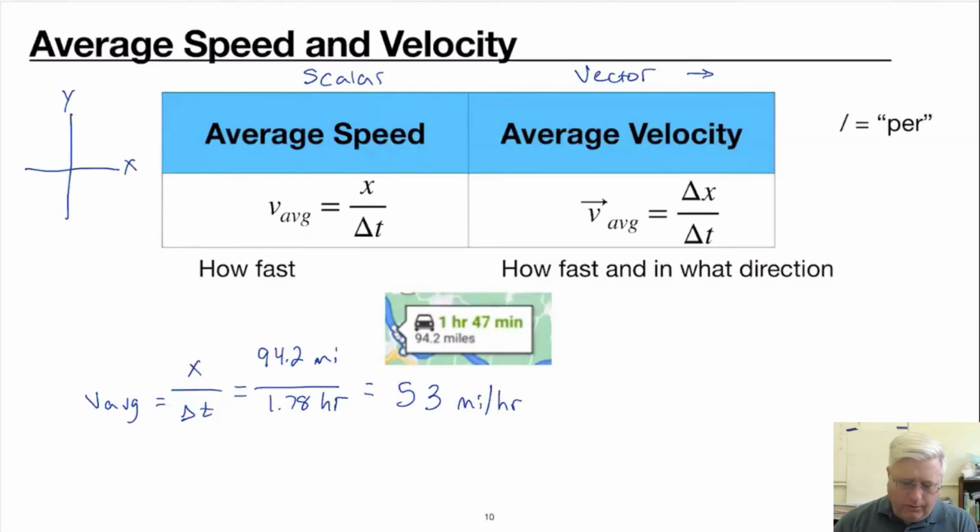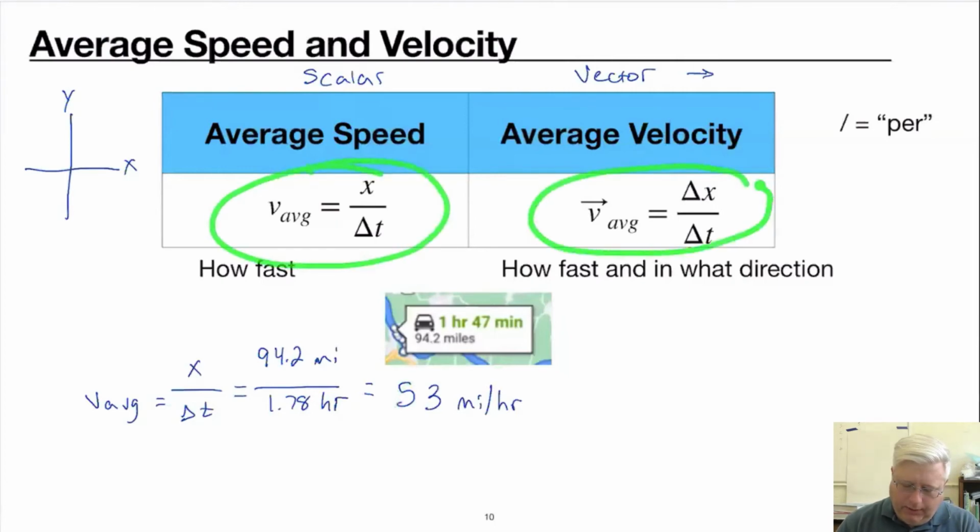All right, so that's the average speed. You drive 94.2 miles, it takes an hour and 47 minutes, and you average 53. Obviously, you're not doing 53 the whole time. Now for average velocity, you notice the difference between these two equations we've written.